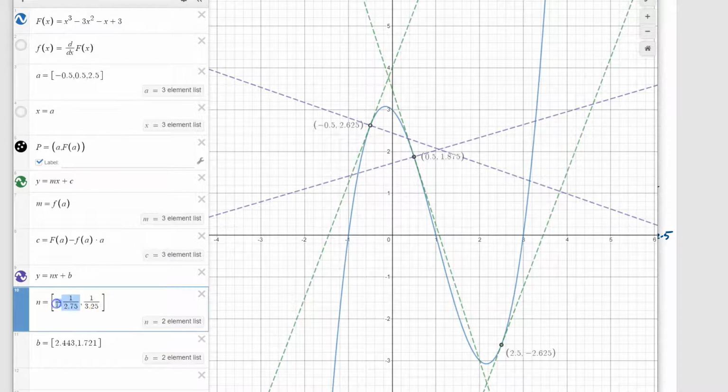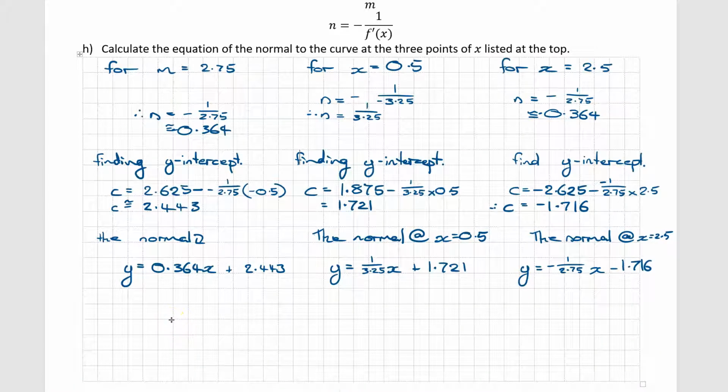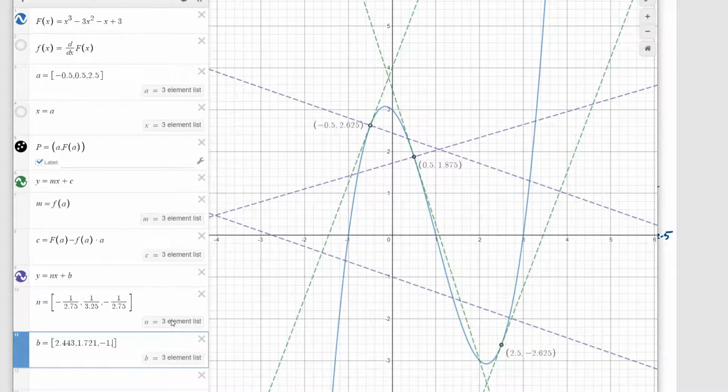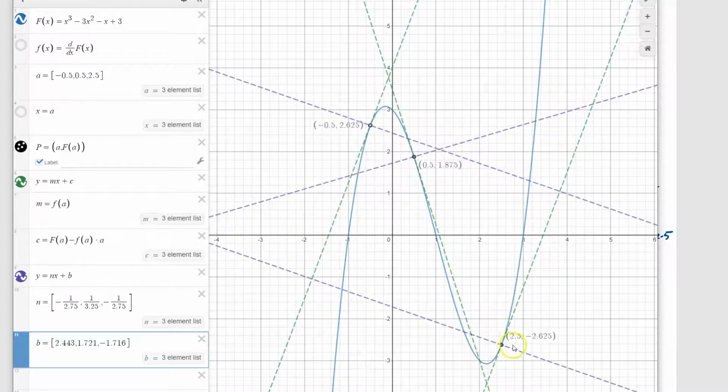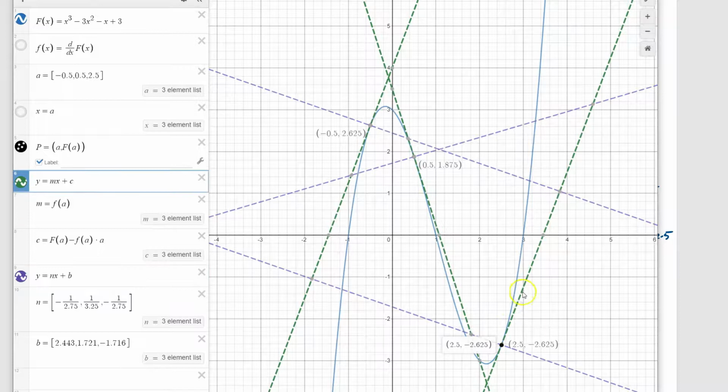So we're going to use the same gradient once again, and then negative 1.716. And lo and behold, the new function that's been graphed is perpendicular to the tangent at 2.5 and negative 2.625.